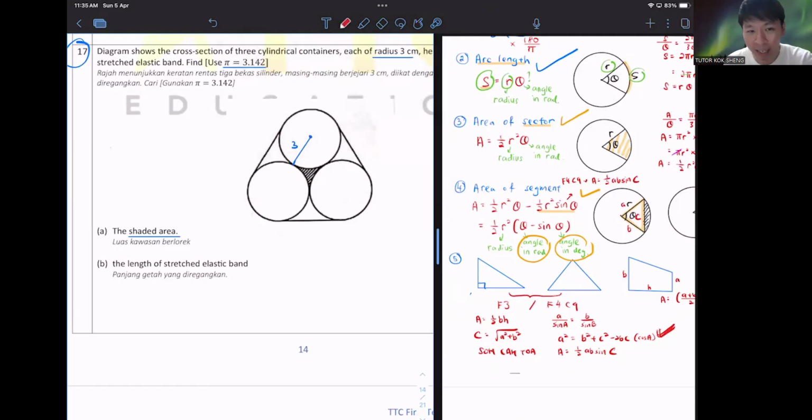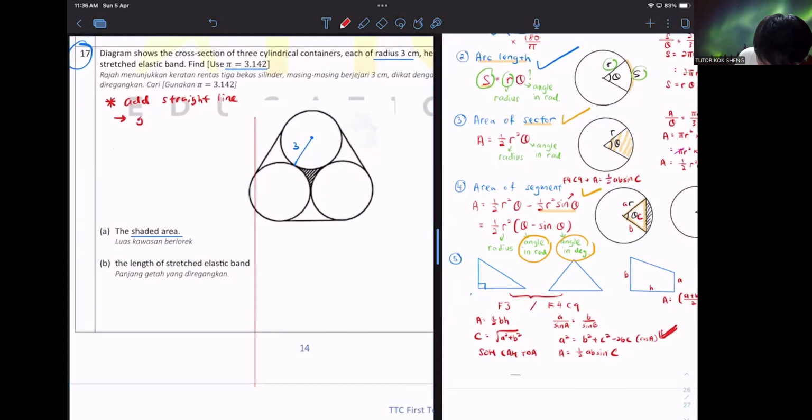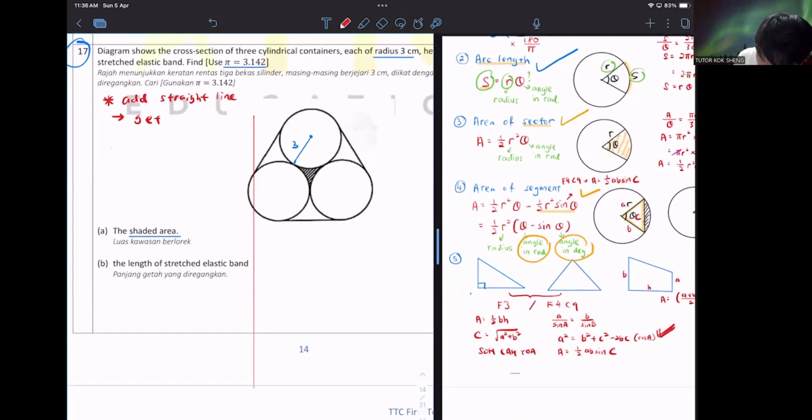So there's a technique here, okay? When you add the straight line, how to add, right? Not simply add one. After you add, of course, it can help you to find the answer. And the other one is after you add the straight line, the best is to get a triangle.